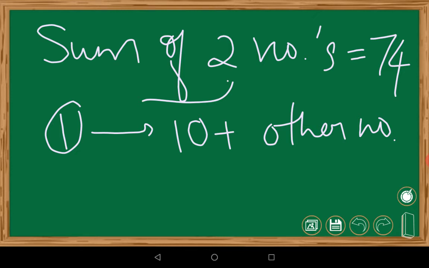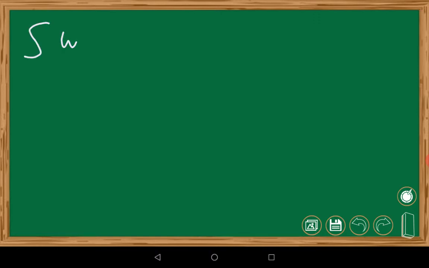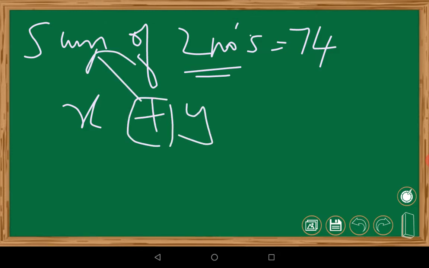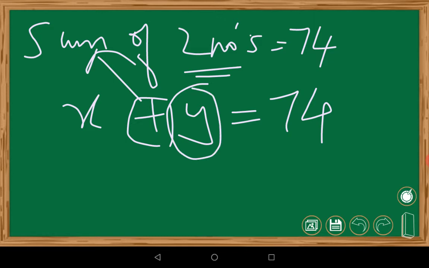First, sum of two numbers was 74. Let's assume one number x and the other number y. I am putting plus because it is the sum, x plus y is equal to 74. Keep this equation in mind. The other number y is 10 more than x, so y is equal to x plus 10. Why am I writing like this?